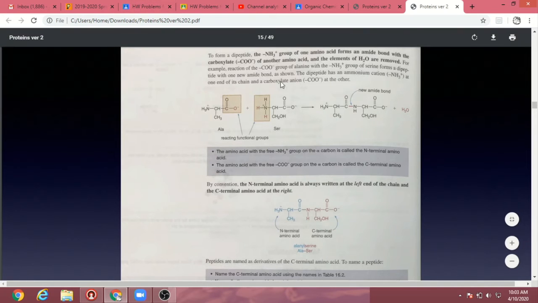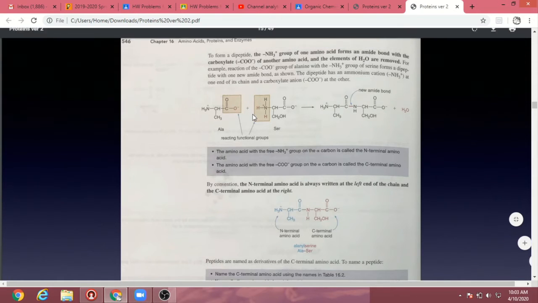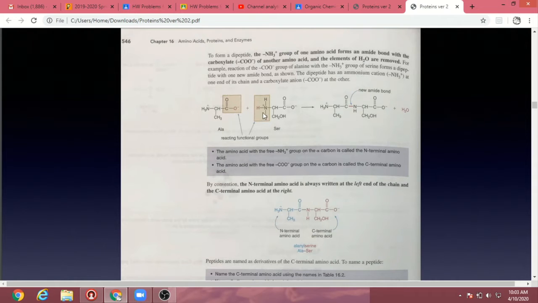A lot of reactions in the body are going to be either hydrolysis or dehydration. And so in this case, let's see what happens. This is pretty easy to remember, since an amino acid is all about the carboxylic acid and the amino group, it's easy to remember that you join them by these two main groups. Actually, I'll take that back.